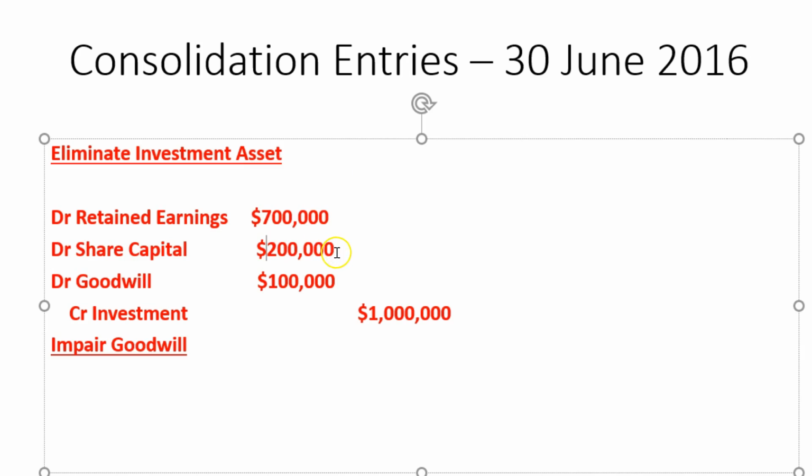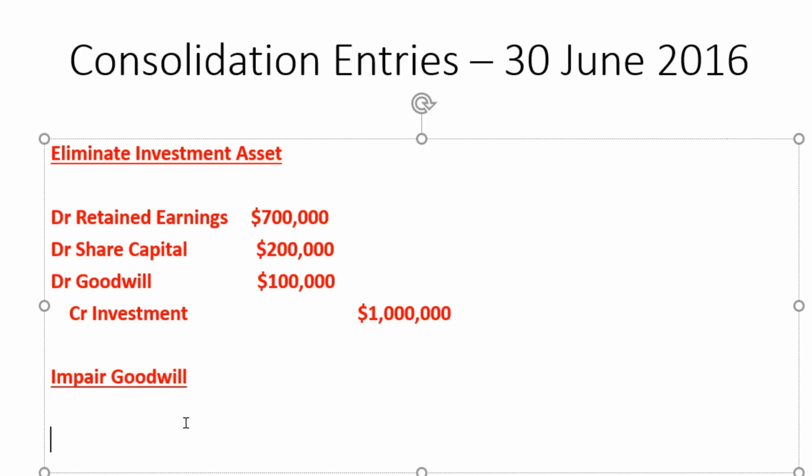So if we were to just add the $900,000 worth of net assets, this wouldn't be the same as the $1 million of investment asset that we had recorded on our balance sheet originally. So we need to record another $100,000 of goodwill to ensure that we're replacing that $1 million investment asset with another $1 million of assets.